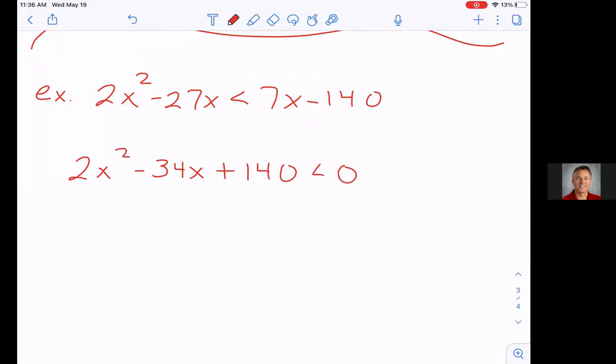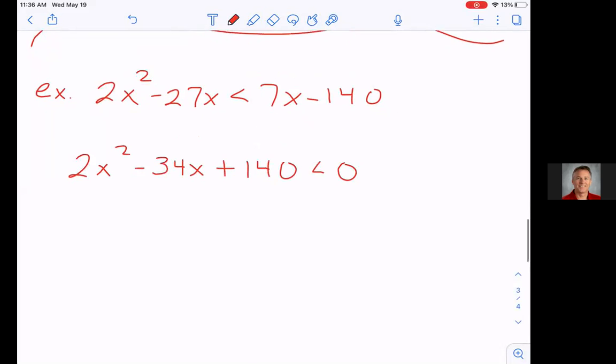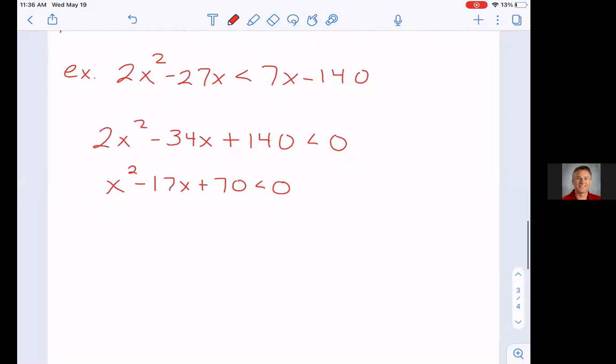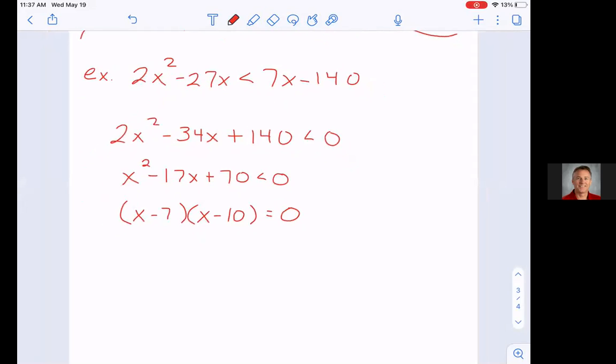The factoring is a little harder. I notice all of these are even, so I could divide everything by 2, giving me x squared minus 17x plus 70 is less than 0. And now it's really looking like the problems above, because I could factor that into x minus 7 times x minus 10 to get my key points.